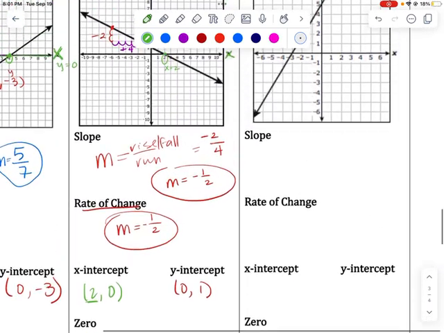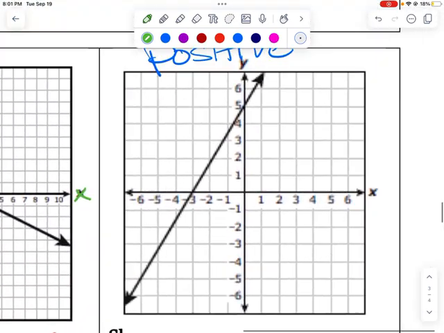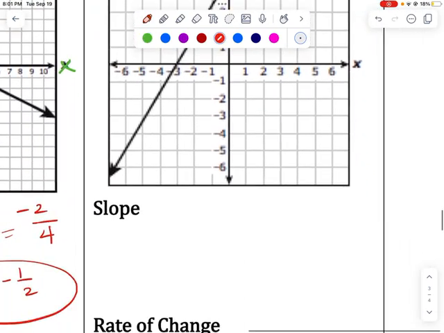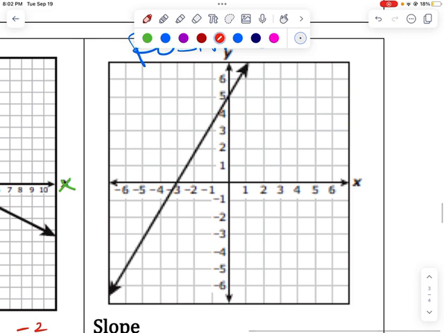All right, and the very last one here. We're trying to find slope. Here are my 2 perfect points. This one looks slightly off, so I'm going to do this one and this 5 right here. That looks good. Positive slope, we're going up. Just double checking by 1s: 1, 2, 3.